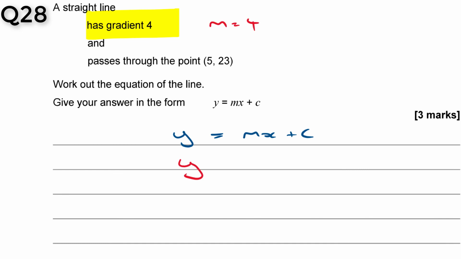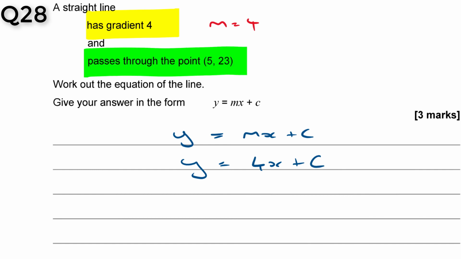So I know the equation already is of the form y is equal to 4x plus c then. So all I really need to do is find c. Now the second bit of the information tells me that my line passes through the point (5, 23). So I can use that information.